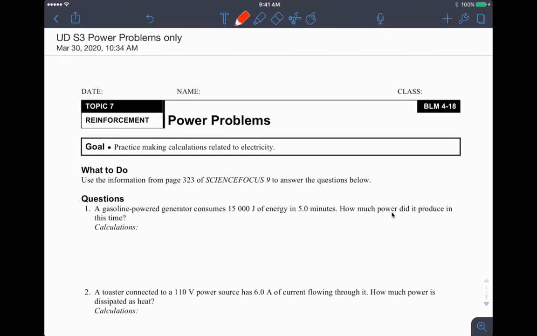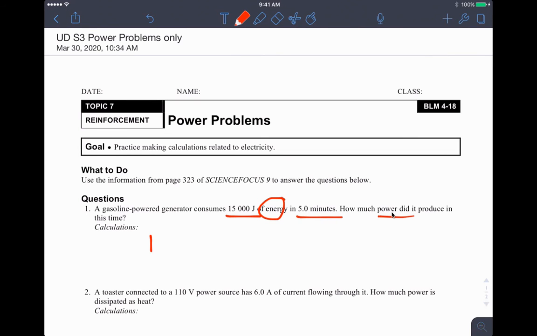Let me rewrite these formulas again. So actually we'll rewrite them as we do them. Question number 1 says a generator consumes 15,000 joules of energy in 5 minutes. How much power did it produce?